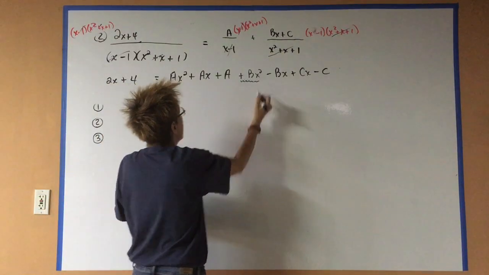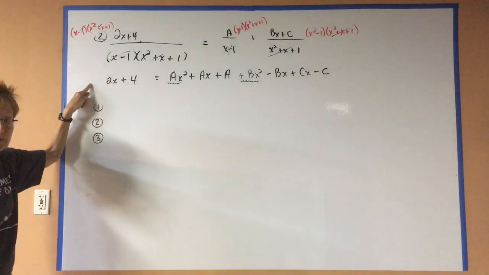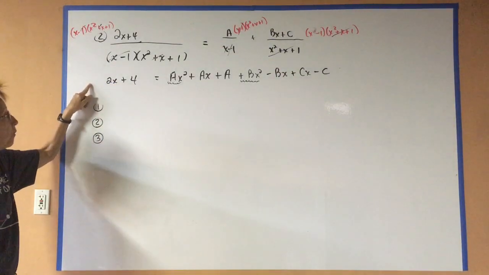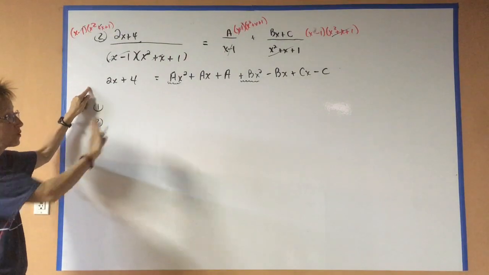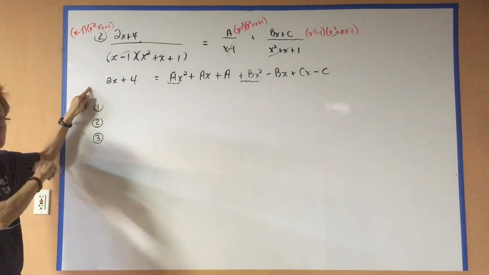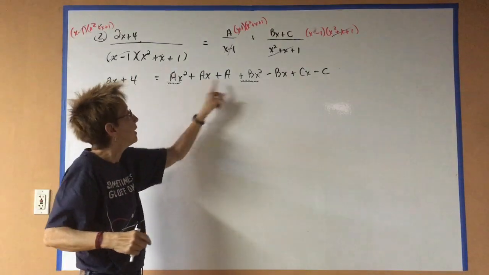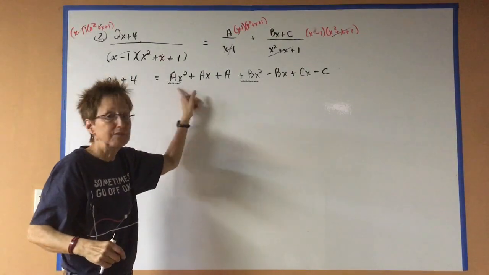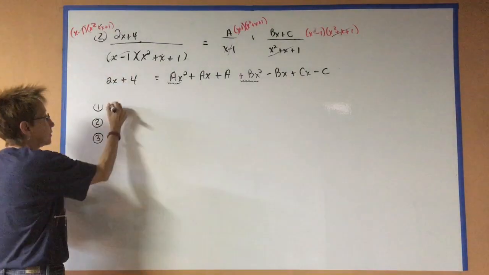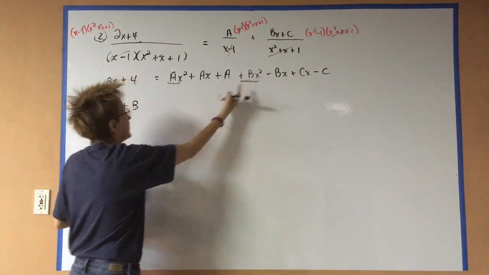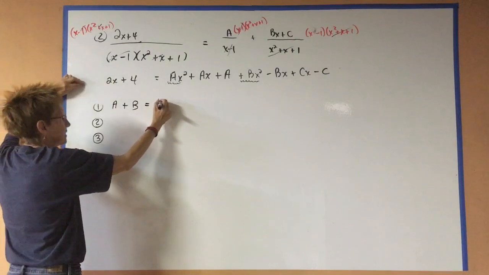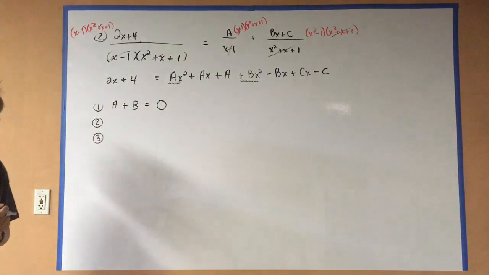Here's an x squared. Is there an x squared over here for me to compare it to? Well, an understood 0x squared, right? So when I strip off coefficients, they're going to be equal to 0, because when I add these two up, I need to get 0 of the x squareds. So in other words, A plus B has to equal 0. There's 0 x squareds over there.